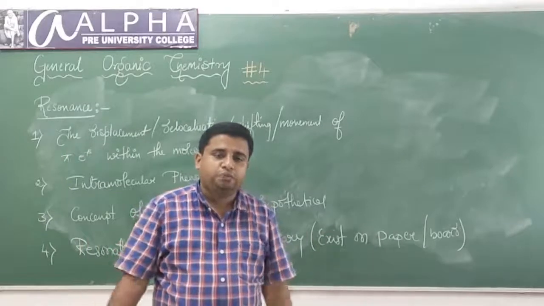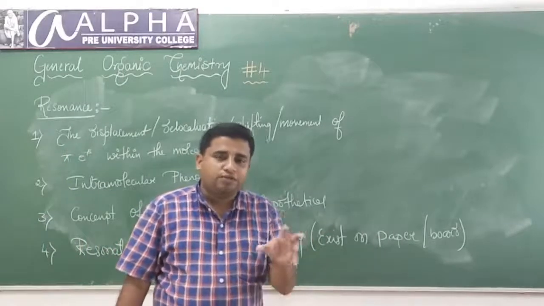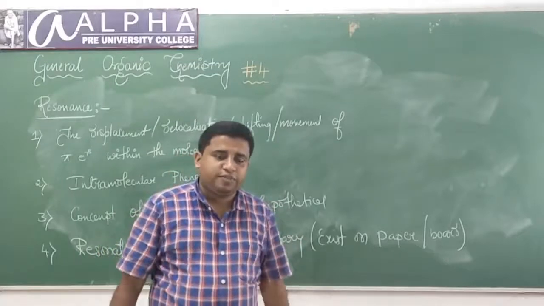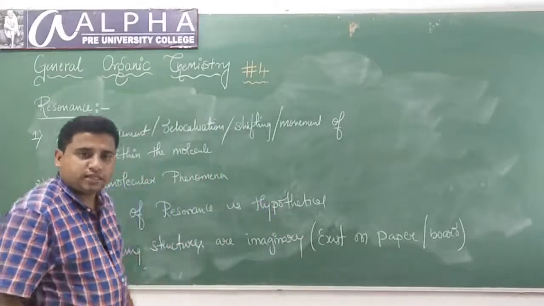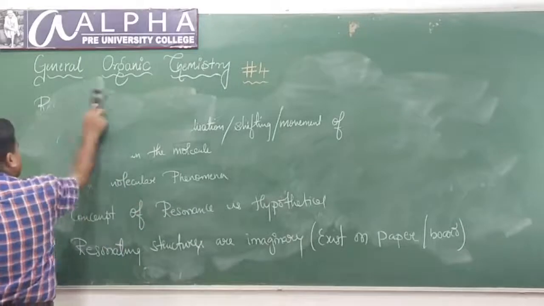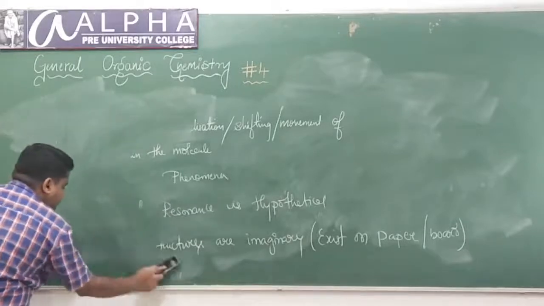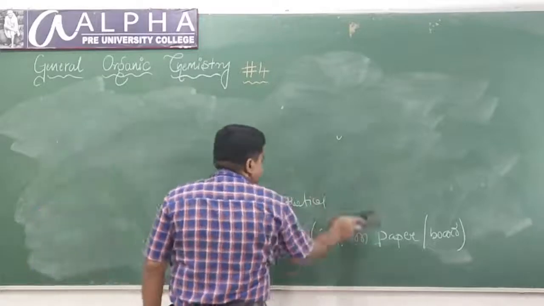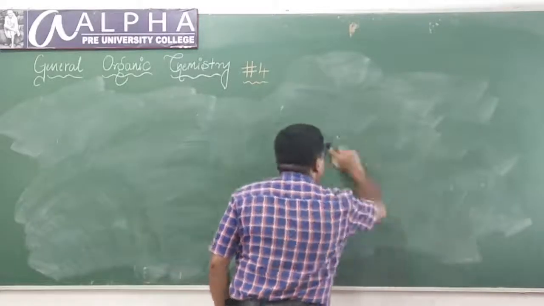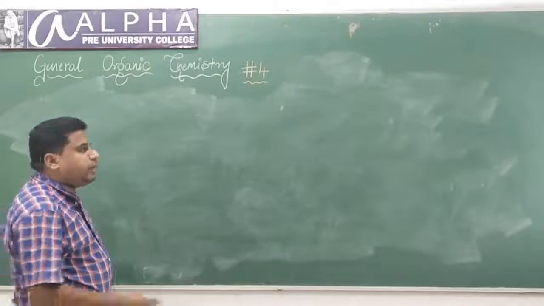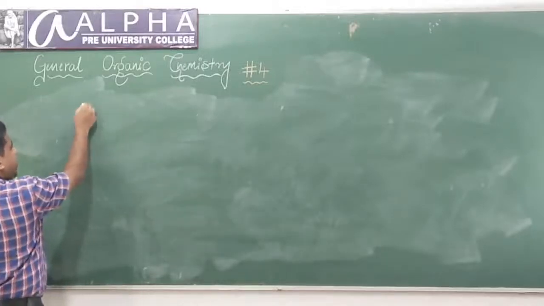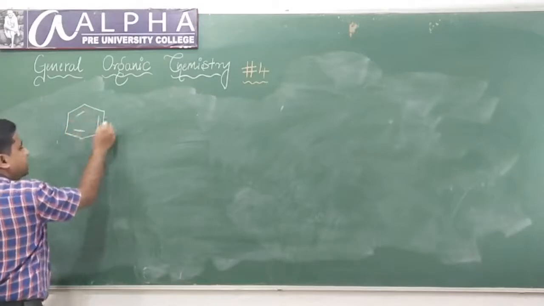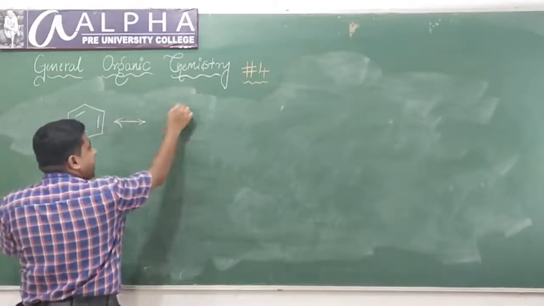Then how to explain the properties of the molecule? That means there is no real structure of benzene at all. See, if I consider benzene, I can write benzene in two different ways. This is one way of representing benzene, and this is another way.